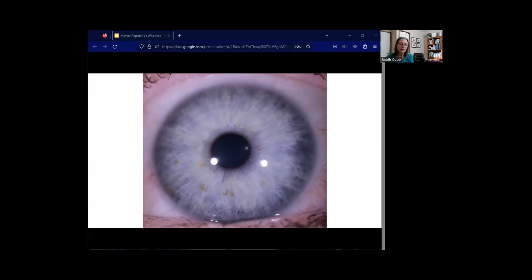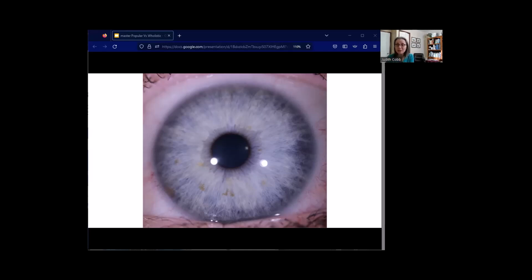Okay. Now, there's a couple of things that we need to be aware of. First off, every camera and every device screen shows color differently. So on the screen I'm looking at, these look rusty. They look a rusty orange color. On your computer, they may look more brown, or more red, or even more yellowish. And this is one reason why we never want to rely completely on a photograph when we're doing a genuine, legitimate iris assessment, because we don't know what that eye color was really in the natural world.